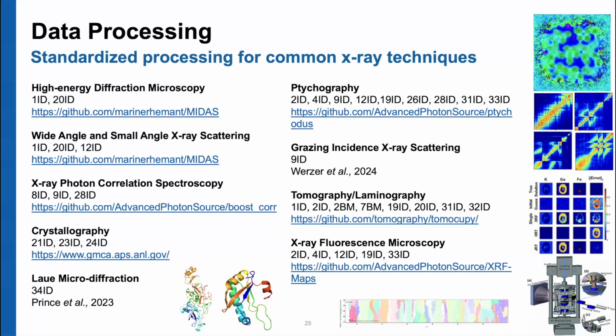So beyond the XPCS beamline, we really want to extend this out to all of the beamlines where it will make sense and be an improvement for them. We do have several other feature beamlines, and we do have other high data producing beamlines, which conduct a variety of different X-ray techniques.